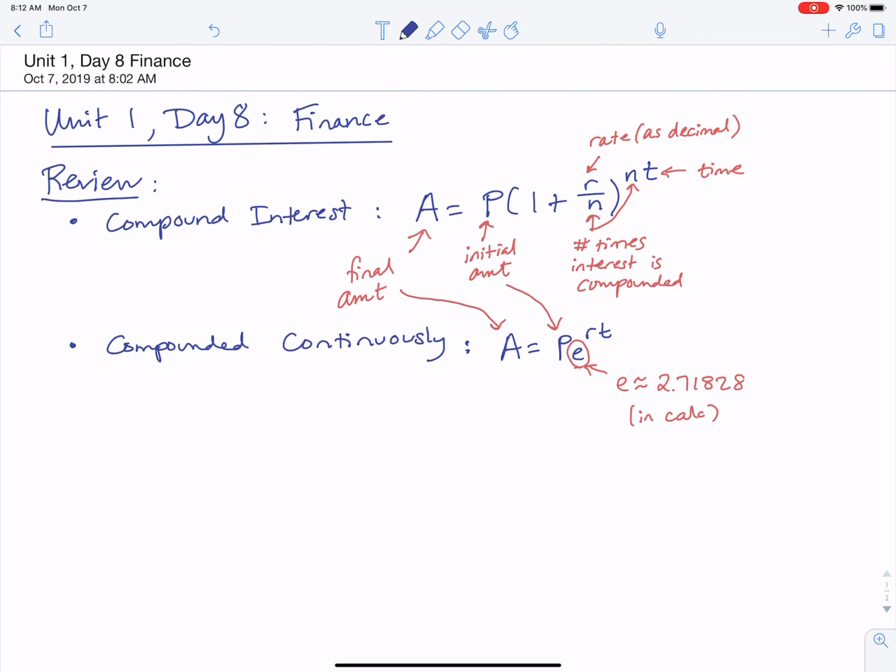So quick little examples. Let's say that Joe wants to save for his trip to the moon.